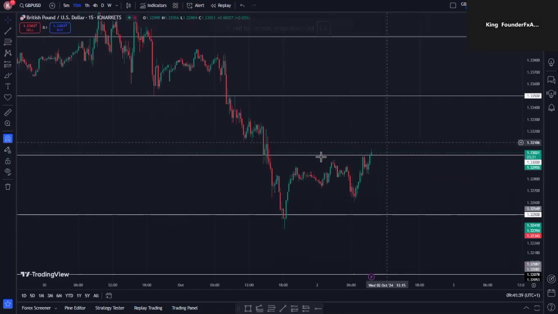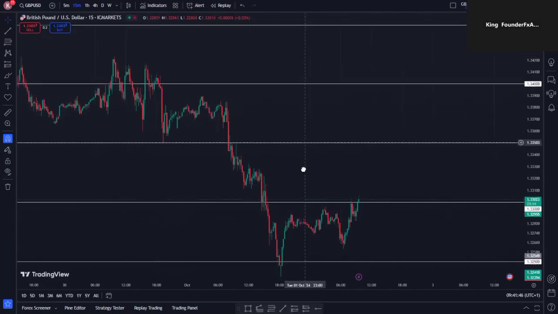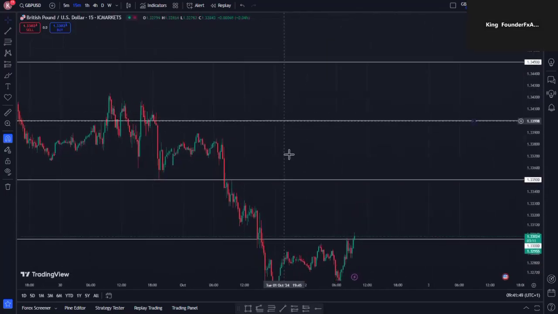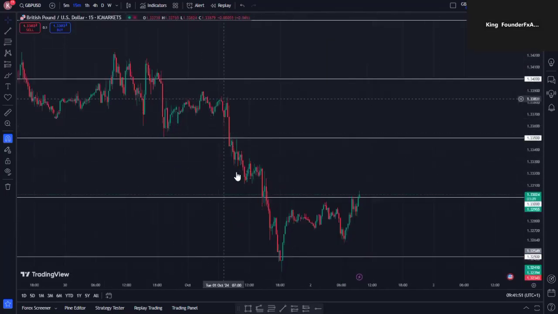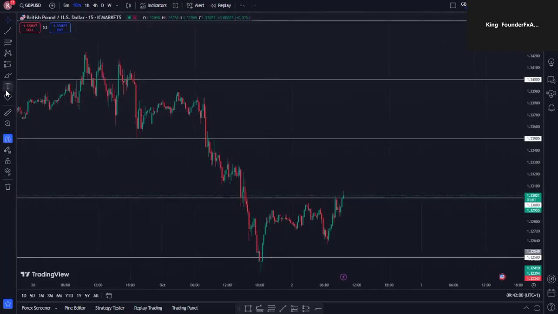So you may be wondering how someone gets to understand all these lines going up, coming down, and some horizontal lines here. There are two things I mostly do in my charts before taking a trade. The first thing I do, I always look out for 4 hours time frame.